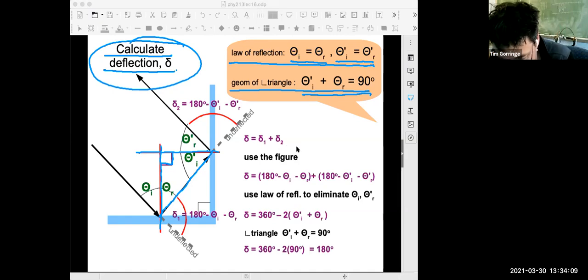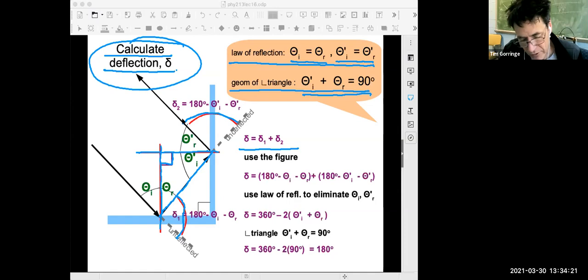So what we're going to do is calculate the sum of the two deflections. There's a deflection down here at the first reflection, and there's a deflection up here at the second reflection. It's the amount that the light ray's direction is changed at the first reflection, reflection number one, and the amount that the light ray's direction is changed at the second reflection, reflection number two.